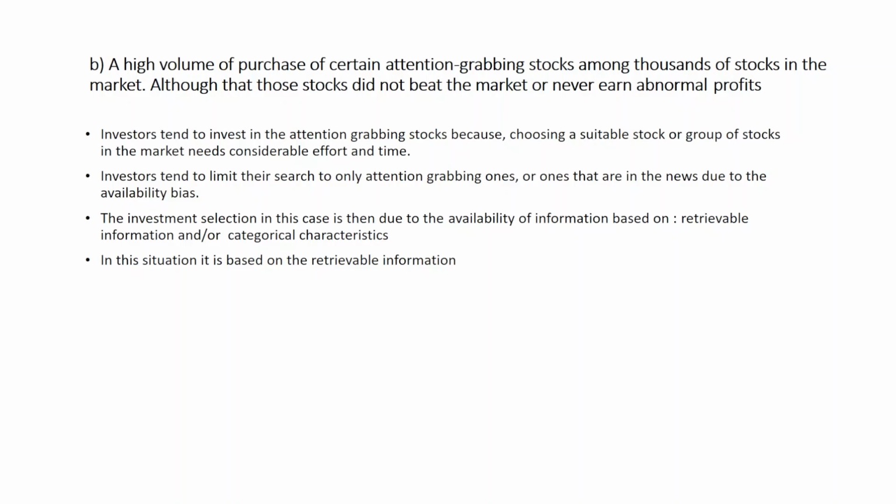In our situation here, people may have based their selection on the retrievable information about the attention-grabbing stocks, that they were maybe all the time in the news, or they are the stocks of very famous companies, for instance.